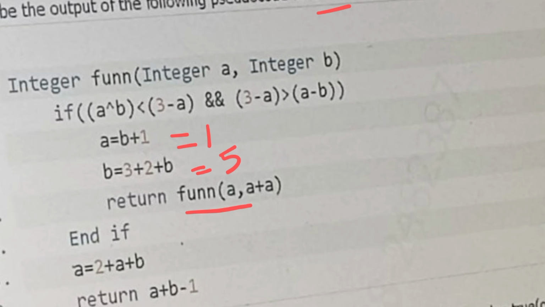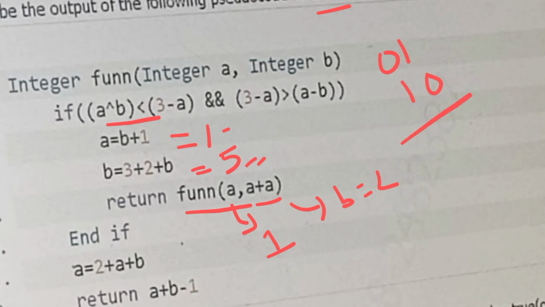Okay, so the new value of a is 1, and the new value of b becomes a plus a, that is 2. So b value is 2. Now we are checking the if condition again: if a XOR b is less than 3 minus a. The value of a is 1 and the value of b is 2. The binary representation of 2 is 10.